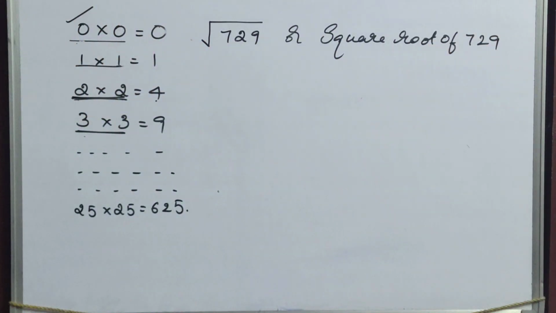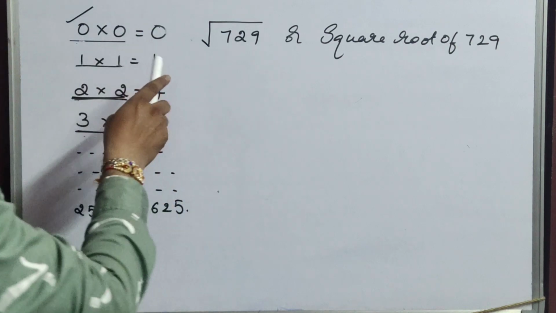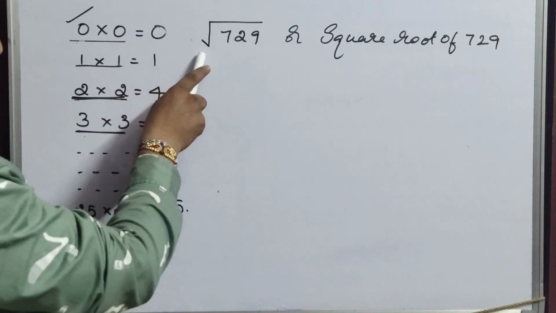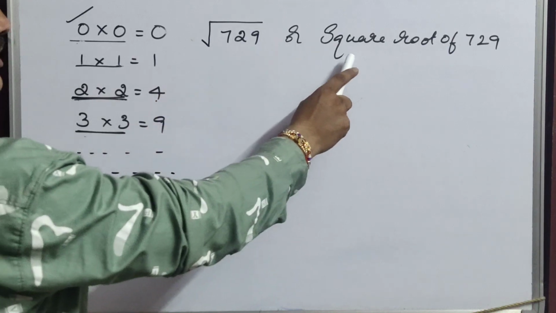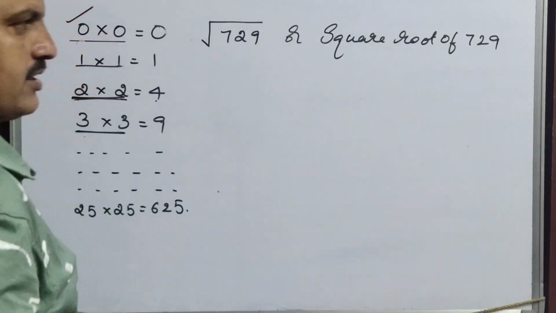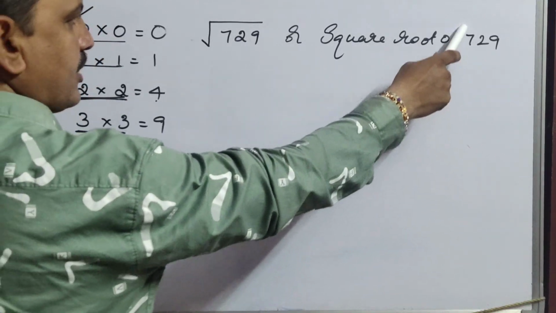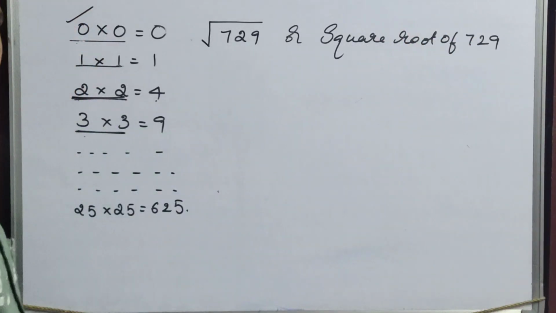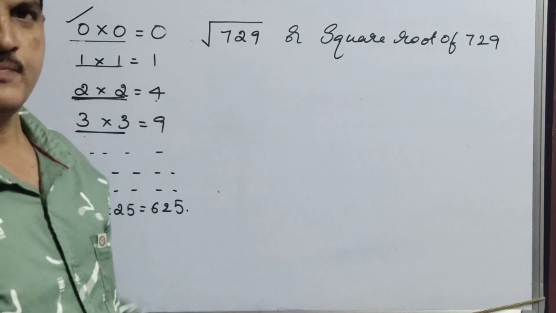What is the difference you observed in those two? Here, if you clearly observe, there is a square root symbol, and here they wrote in words, square root of 729. That means they did not apply the square root symbol here. Okay, is it clear children now?